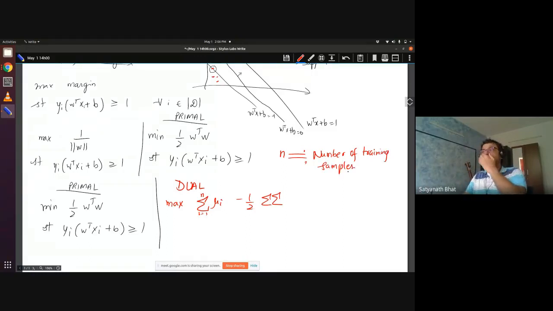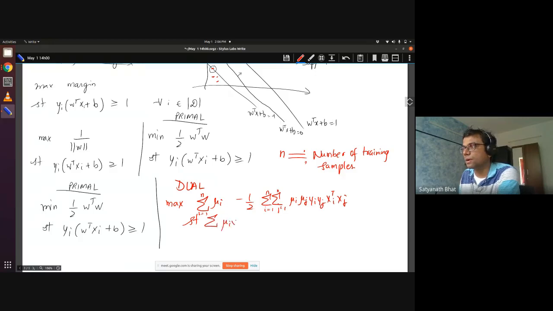The double summation has i going from 1 to n and j going from 1 to n, of mu i, mu j, yi, yj, xi transpose xj, subject to the condition that summation of mu i yi equals 0, i from 1 to n, and the mu i's are greater than or equal to 0. So this was the primal and this was the dual.